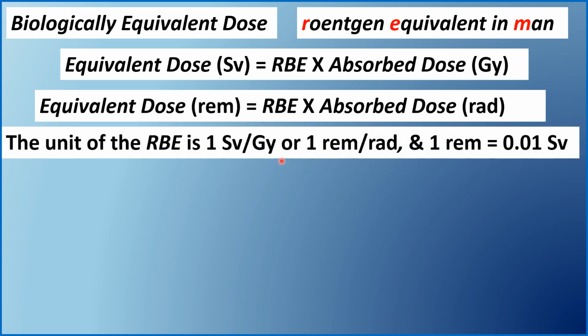1 sievert per gray or 1 rem per rad are just equivalent, so that when we say 1 rem, it is just equal to 0.01 sieverts.